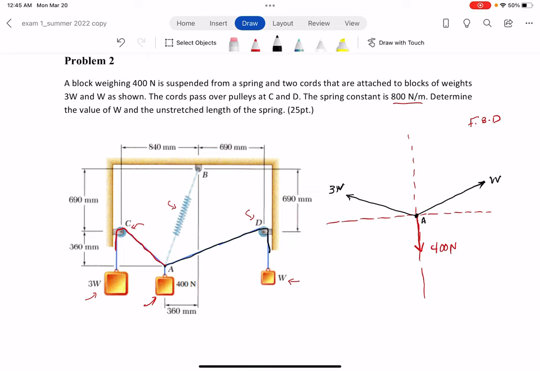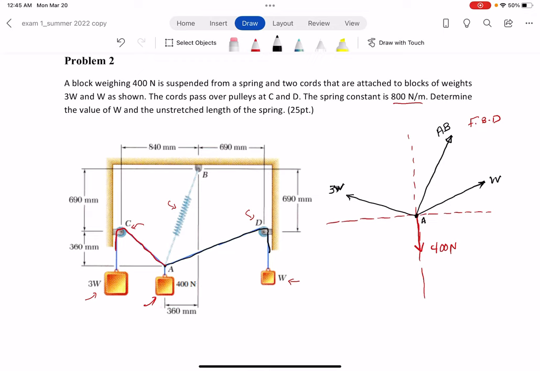So tension AC is 3W, tension AD is W. Now we have another tension, the cable tension AB, where the spring is. We'll call it tension AB.